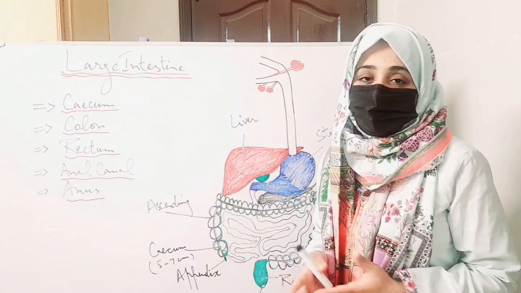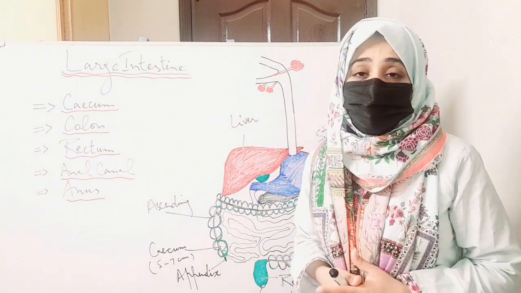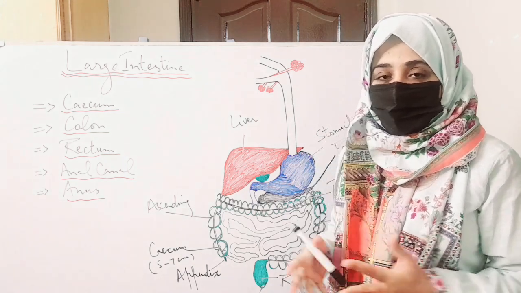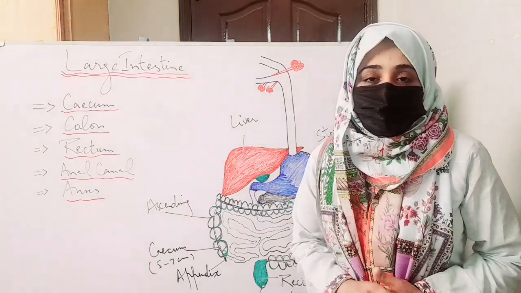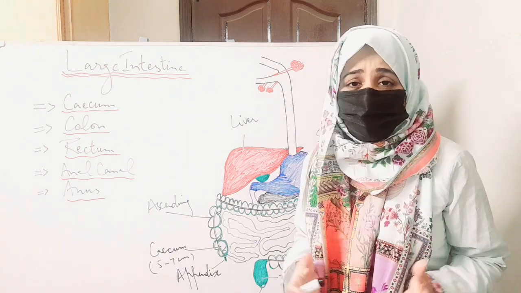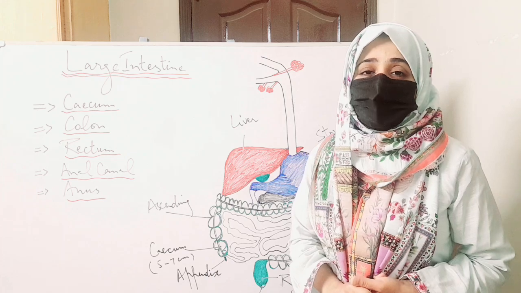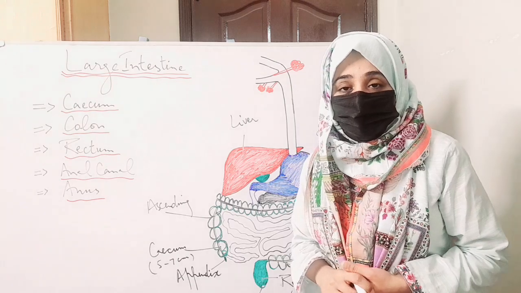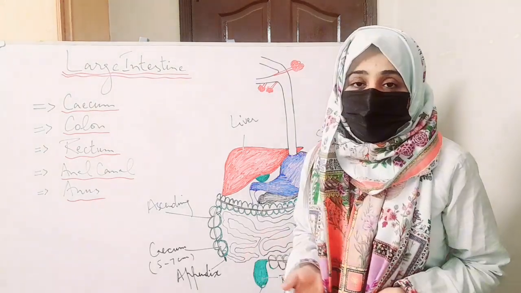This infection can cause the bursting or rupturing of appendix, and this condition is called as ruptured appendix or burst appendix. If appendix gets burst, then the condition can be life-threatening. So in appendicitis, the appendix should be removed surgically. Otherwise, the inflammation can be caused in the abdominal cavity and it can be life-threatening.